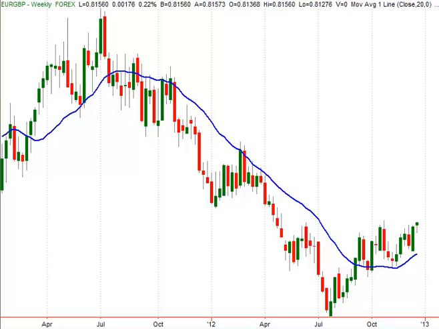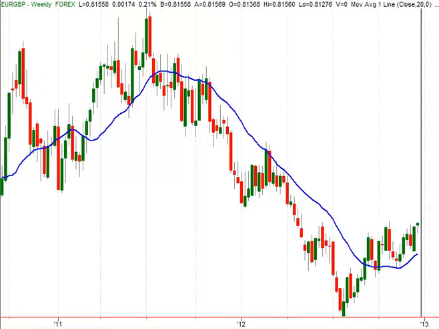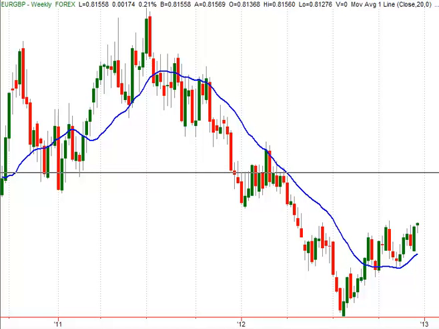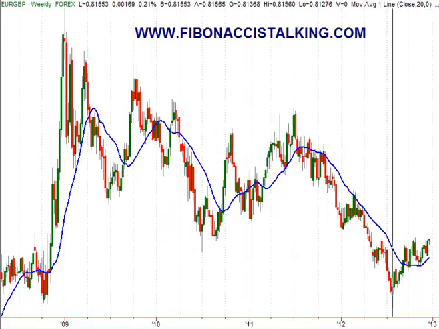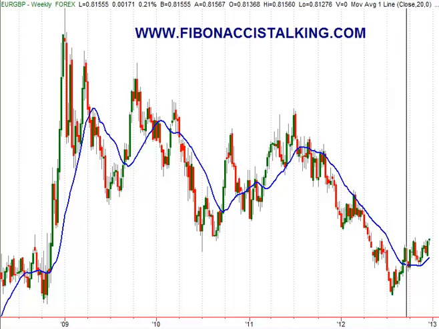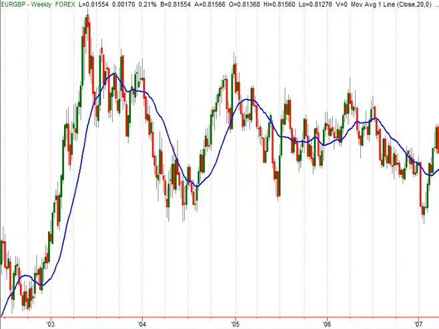As you can see, this pair, price is actually available, I have it on TradeStation, back from 2000.